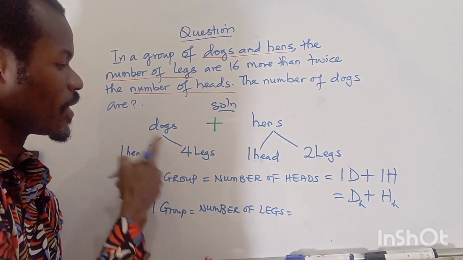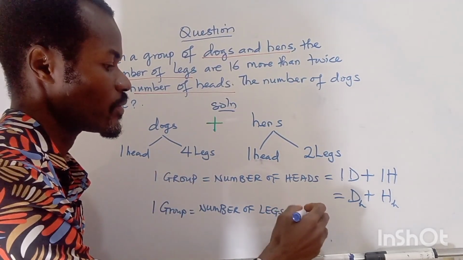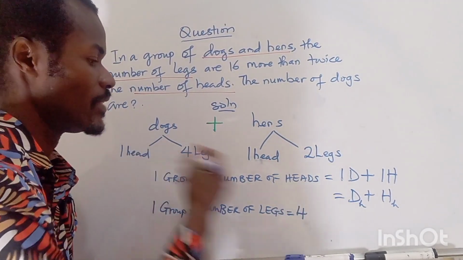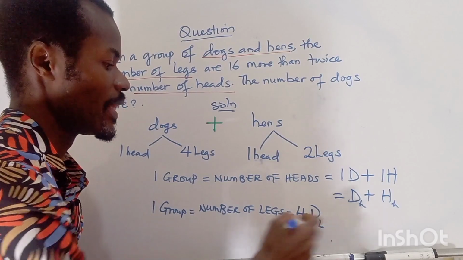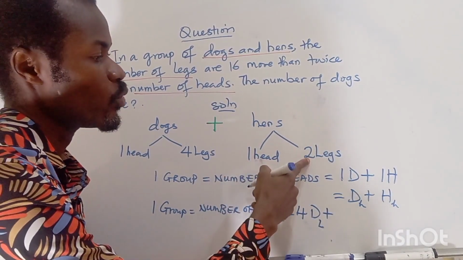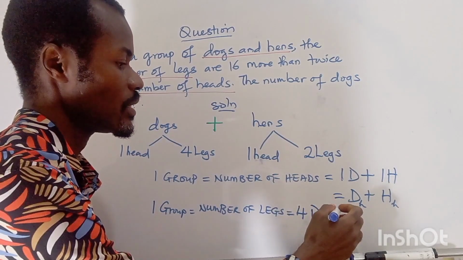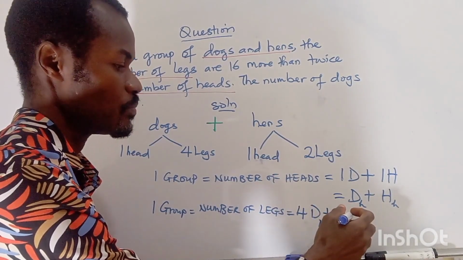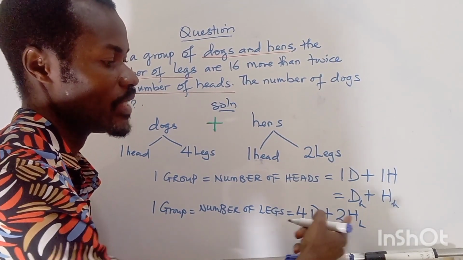For dogs, we have 4 legs, so let's call that 4 d for dogs, since this time we're dealing with legs. Plus, for the hens, we have 2 legs of the hen. So 2 legs of the hen.